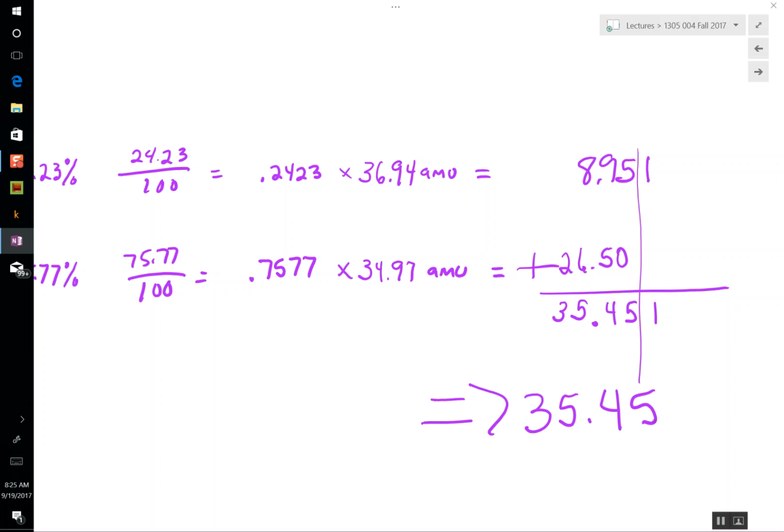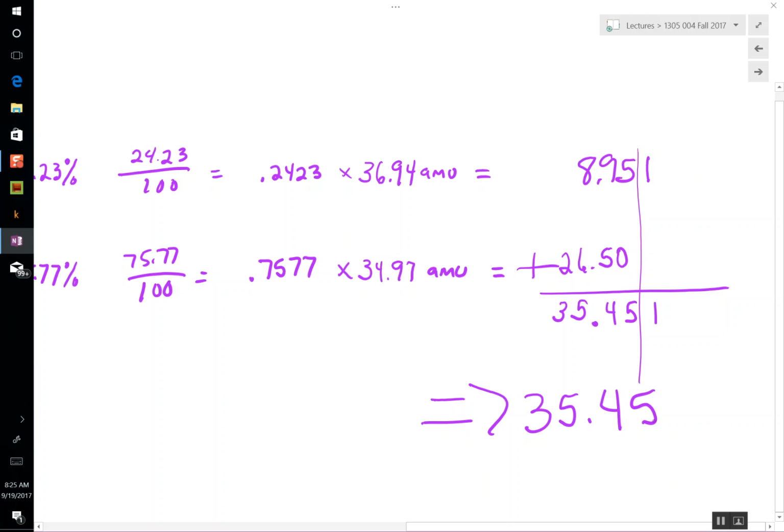What number do you have on there? 35.45. That is the average atomic mass of a chlorine atom. Will you find a chlorine atom with that mass? No, you won't.